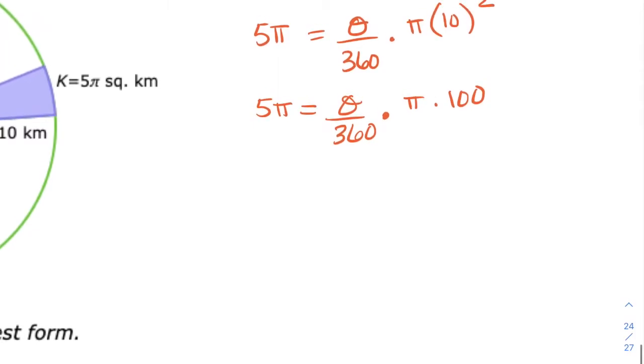And so now I have 5 pi equals 100 pi theta over 360. All right, you know what? Let me write it as a whole fraction. I'm trying to make it look as nice as possible here.